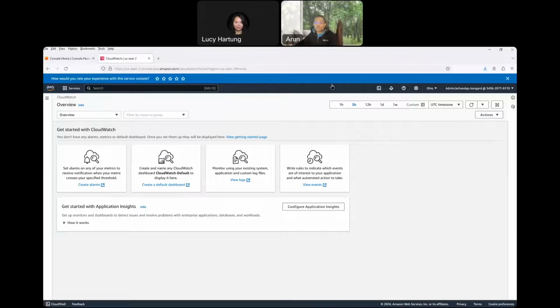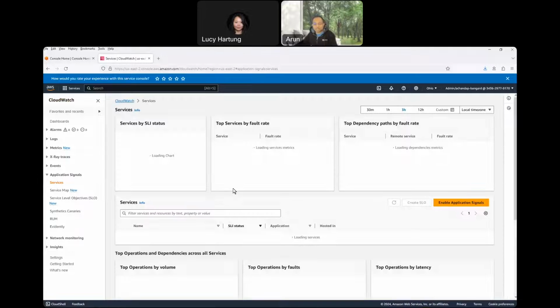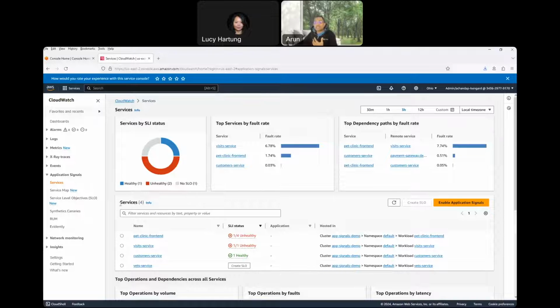Joe logged into Amazon CloudWatch, and then he went to Application Signals, and from there he clicked on services dashboard. Joe was looking at all the different services that were discovered automatically by Application Signals.